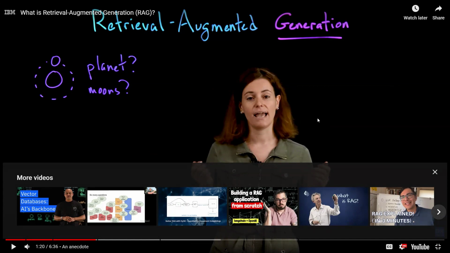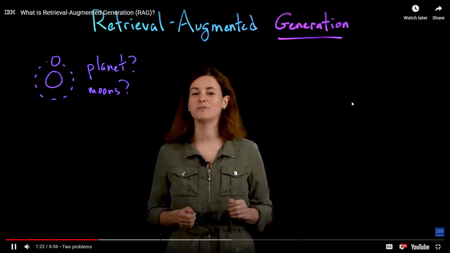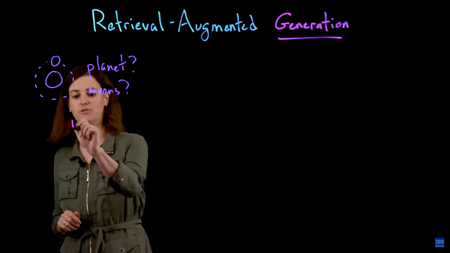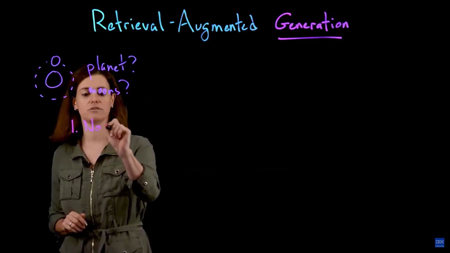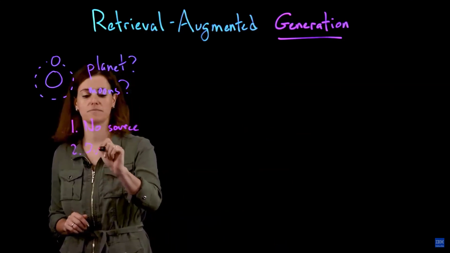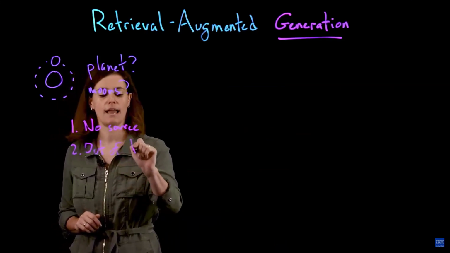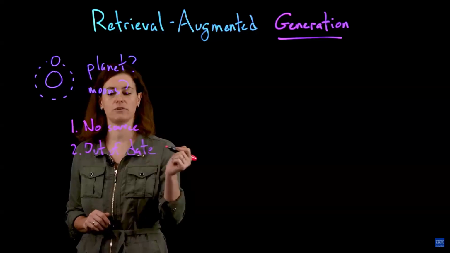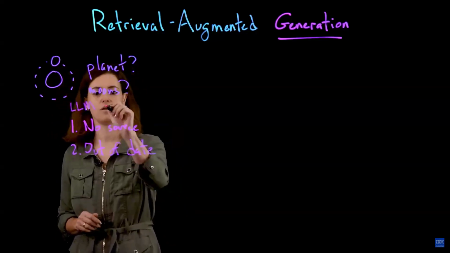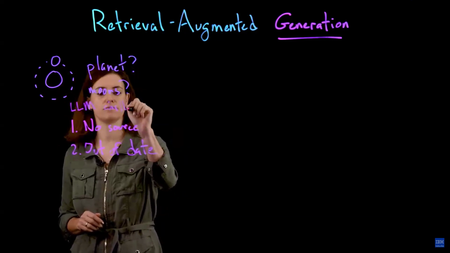Jupiter, 88 moons. Everyone knows that. And also, I actually haven't kept up with this for a while, and my answer is out of date. So we have two problems here. One is no source, and the second problem is that I am out of date. And these, in fact, are two behaviors that are often observed as problematic when interacting with large language models.